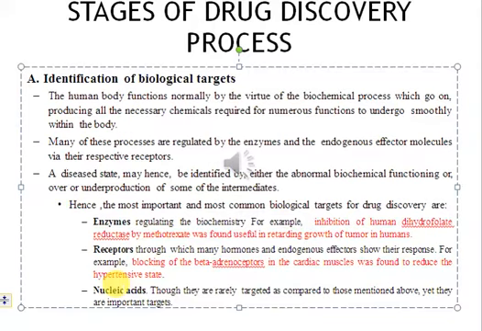The problem normally lies either with enzymes, which are not functioning properly, or are not produced in sufficient amount, or are overly produced. Also, the problem may lie with the receptors. The receptor may be blocked to cure the disease, or the receptor may be activated to cure the disease. And lastly, we have nucleic acids.